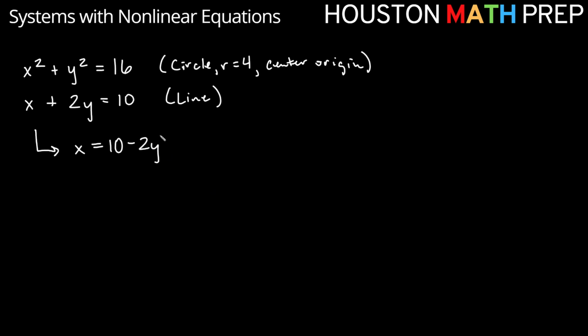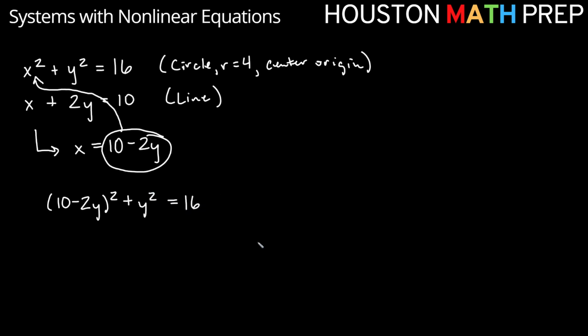And then what we can do is take this information for x and use it as a substitution up here in the other equation. So that would be (10 minus 2y) squared plus y squared equal to 16. We'll do a little bit of squaring. Now remember, that's that factor times itself.